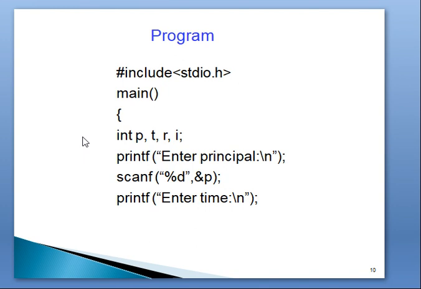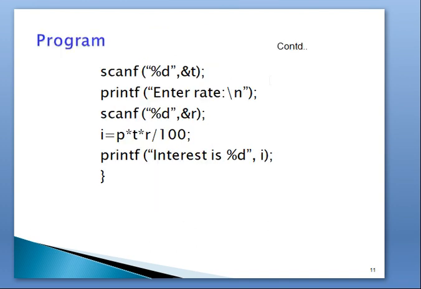In the next line, printf: enter time. In this control string, the unchanged characters are printed on the screen. scanf("%d", &t). The conversion character %d is used to read the integer number, and that integer number, the time, is stored in the t variable.